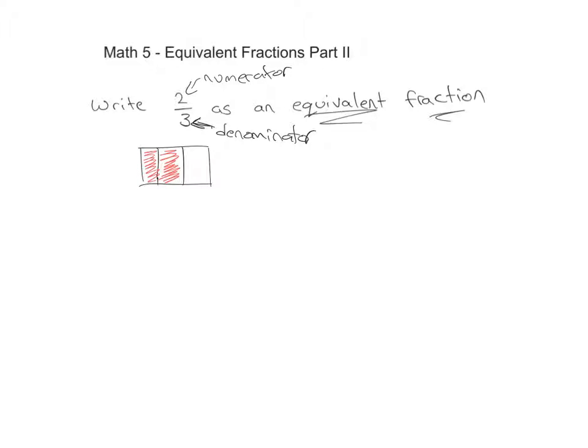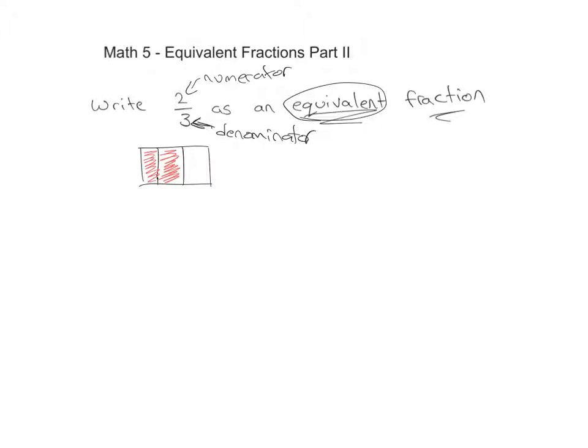Now we talked about equivalent fractions last day. The word equivalent just means it's the same amount. For example, if I asked for 2/3 of a cake, I want to find another fraction, so different numbers, but it would give me the same amount of cake.